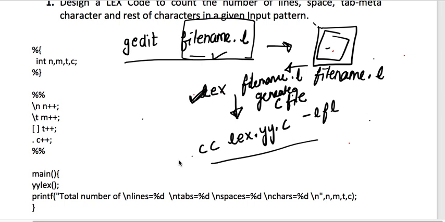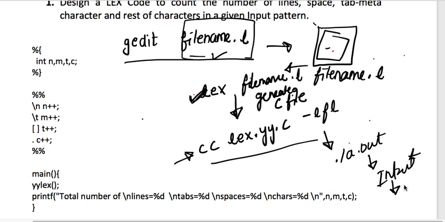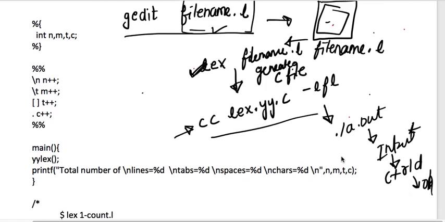So this is the command you will be writing for the compilation of C code, and then you will write simply dot slash a dot out. Then you will give your input, and after giving the input you will press Control D. It will stop your input and generate the output. So this is the whole process which you will be doing.